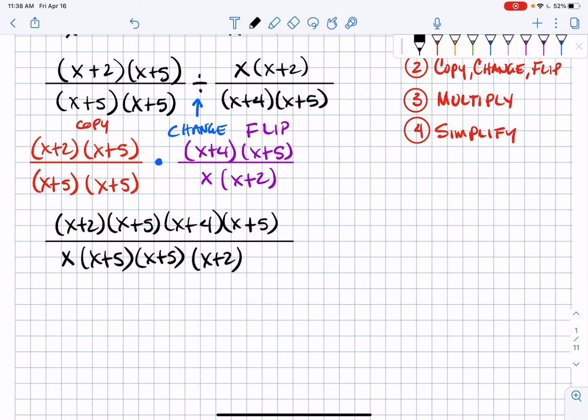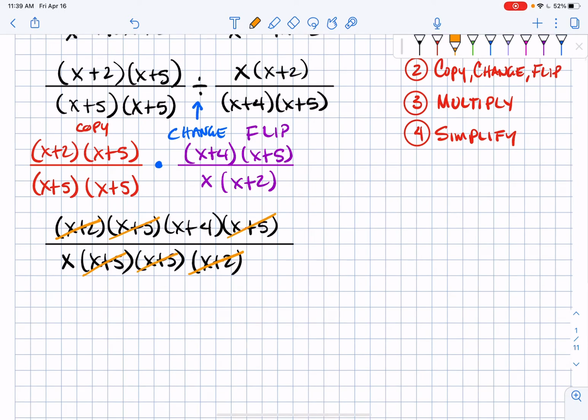Now we look at whether anything on top and bottom can reduce. I typically go through the top one at a time. Is there an x plus 2 on the bottom? Yes, because x plus 2 over x plus 2 is equal to 1. Is there an x plus 5?